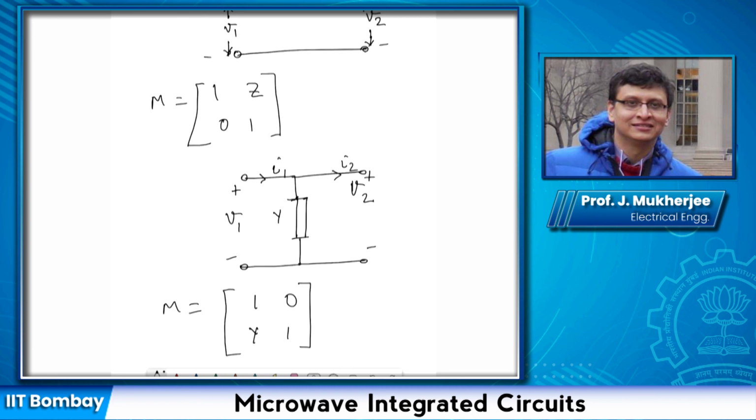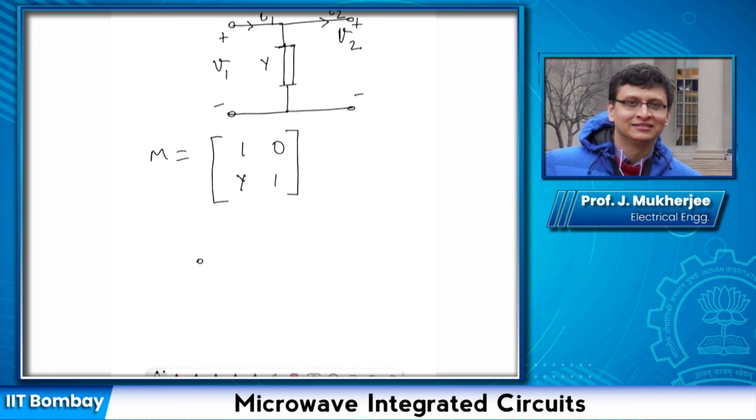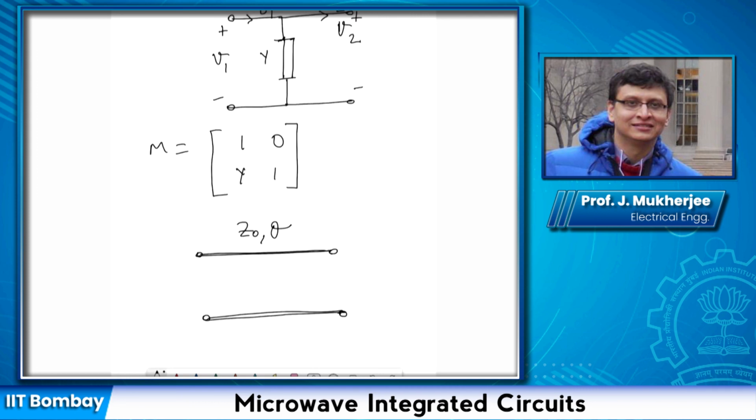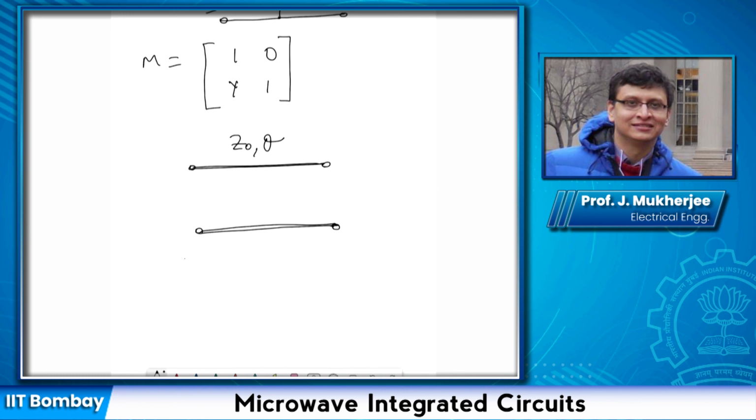For a transmission line, once again, the parameters that we need to completely describe a transmission line are like this. So for this transmission line, the ABCD matrix is like this.